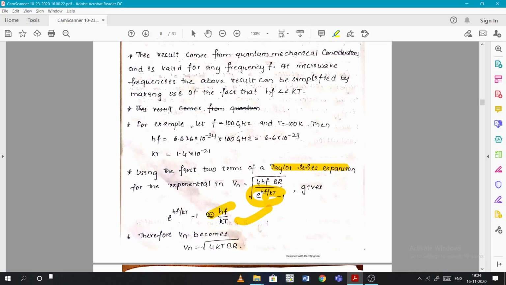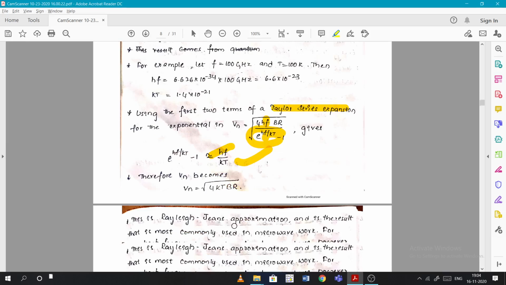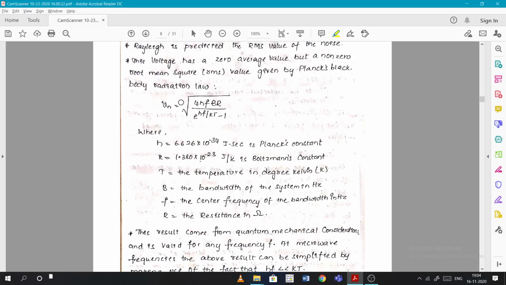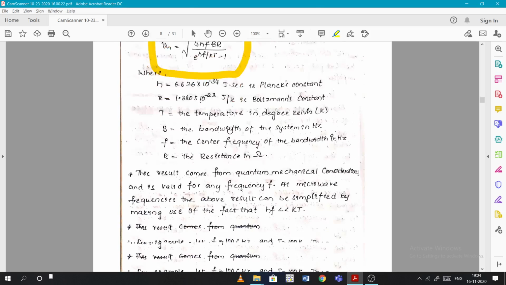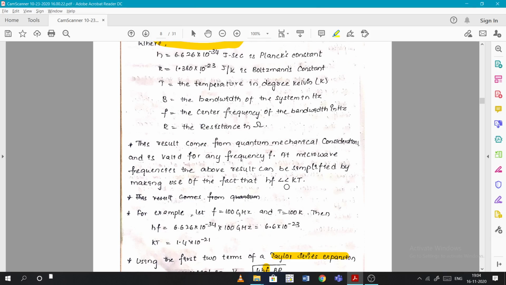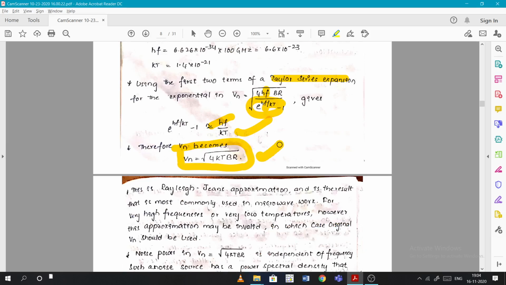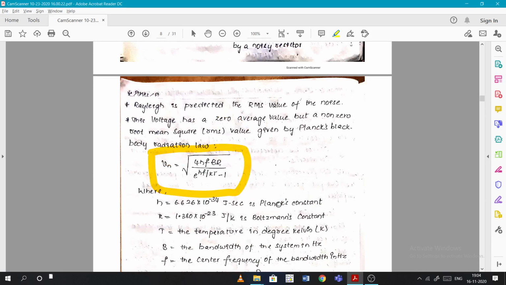Now hf and hf cancel, and kT goes to the numerator, and we get Vn equal to the square root of 4 kT B R. So if the ratio hf by kT is much less than 1, we use this formula. Otherwise, if it is greater than 1, then we use the original formula.